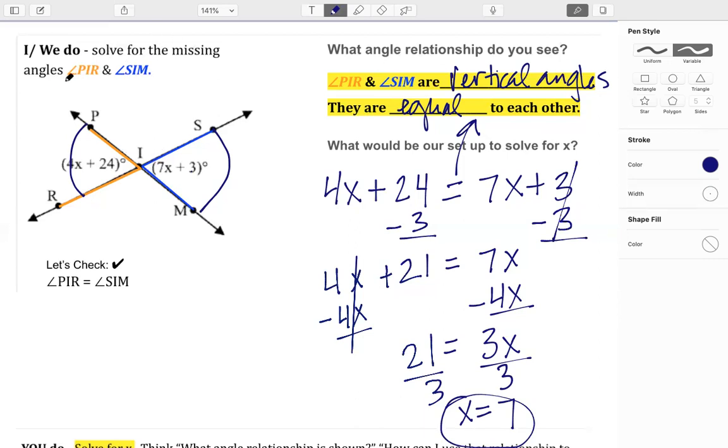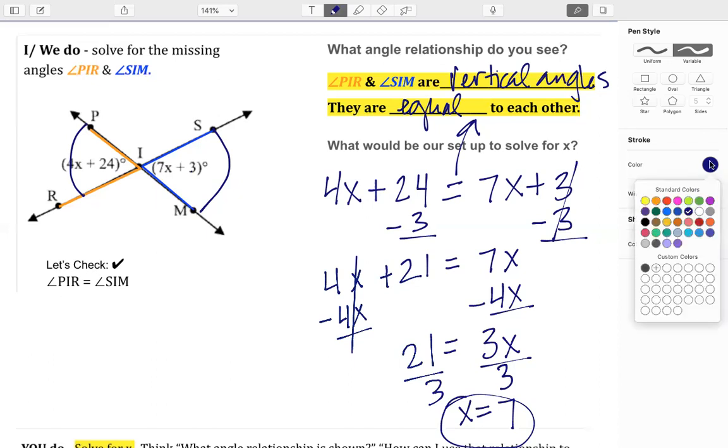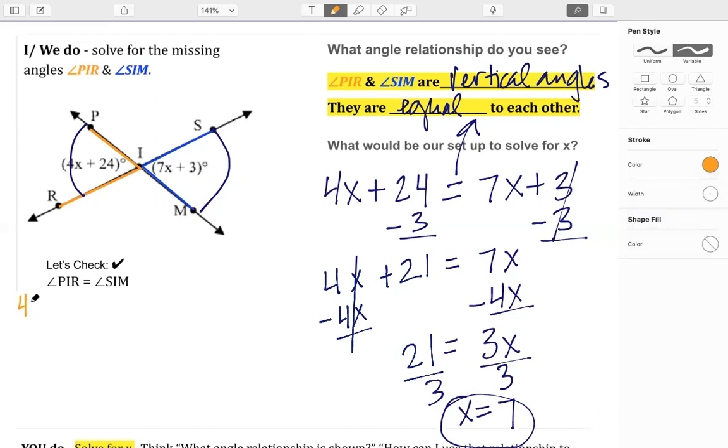So solve for the missing angles PIR and SIM. This is telling us that we need to substitute in for both expressions. So the first I'm going to put in orange, so we're staying consistent. They told us that the expression 4x plus 24 is for the orange angle. So if we plug this x value in, we have 4 times 7 plus 24.